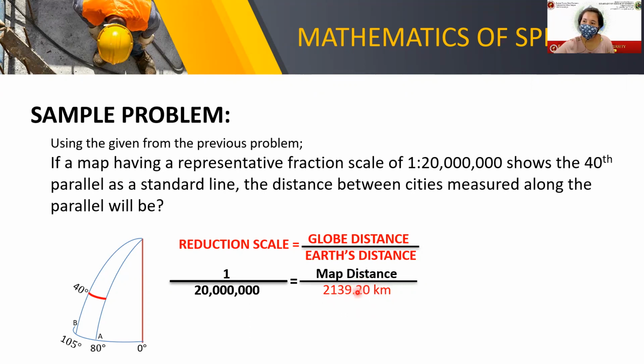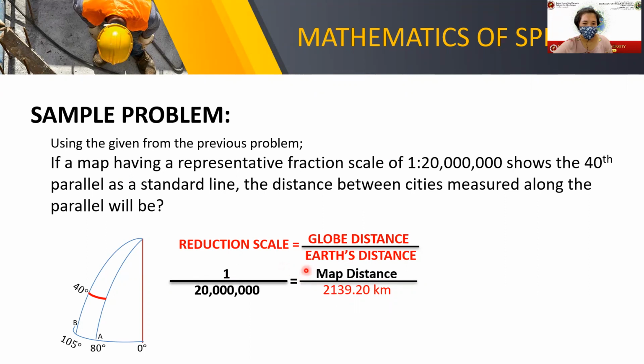So what is the distance between these two points on a map with a 1:20 million scale? We know that the ground distance, or actual distance, between the points is 2,139.20 kilometers.